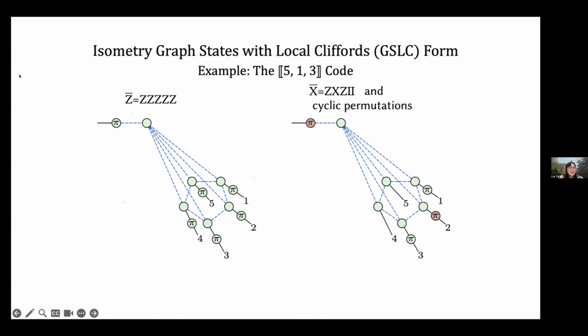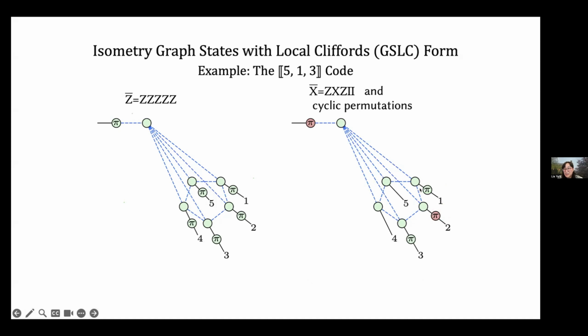Doing the same on the right-hand side, let's say you put a Pauli X on the second output physical qubit, then that means putting Pauli Z on all its neighbors.